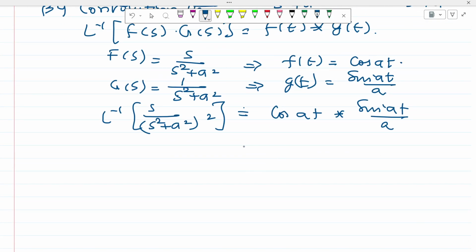By the definition of convolution, F(t) star G(t) is the integral from 0 to t of F(u), which is cos au, into G(t minus u), na? Then how can you write? Sin of a into (t minus u) divided by a. I can take the 1 by a outside, and then du here.